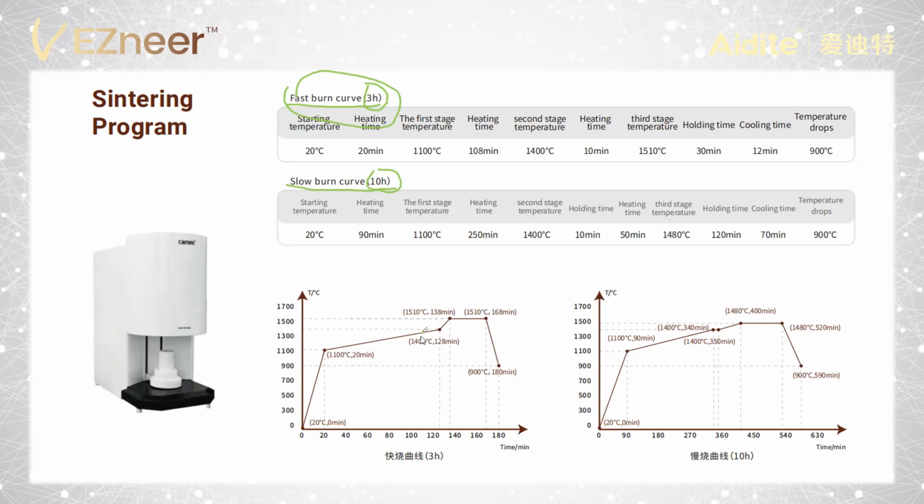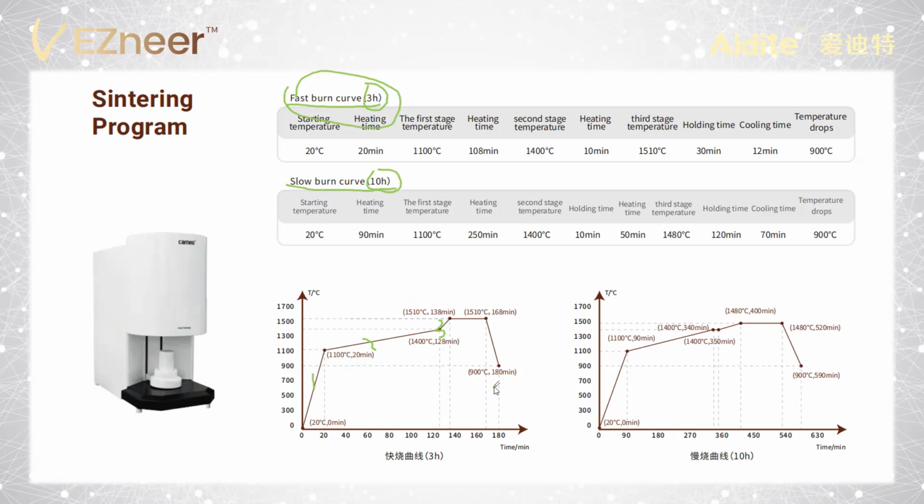And the third part is 1400 to 1510 degrees. So it's three parts: one, two, three. And we have to use this special sintering curve for these materials.